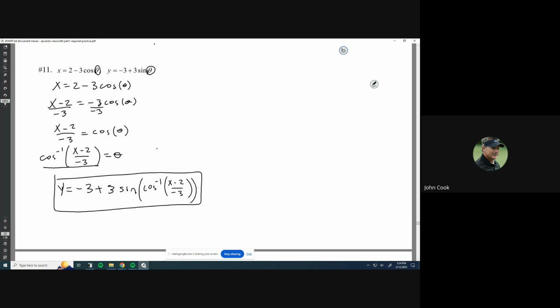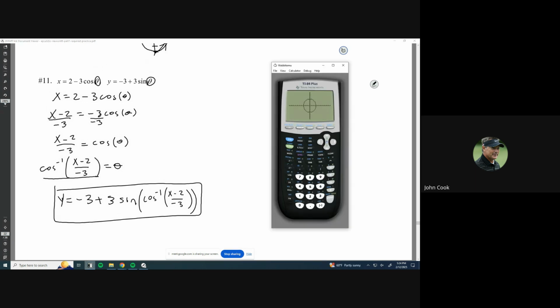All right, now to graph it out, I'd use my calculator. So we have 2 minus 3 times the cosine of theta, or t, and then the next one is negative 3 plus 3 times the sine of t. And graph it out. It kind of looks like an ellipse to me again, right?